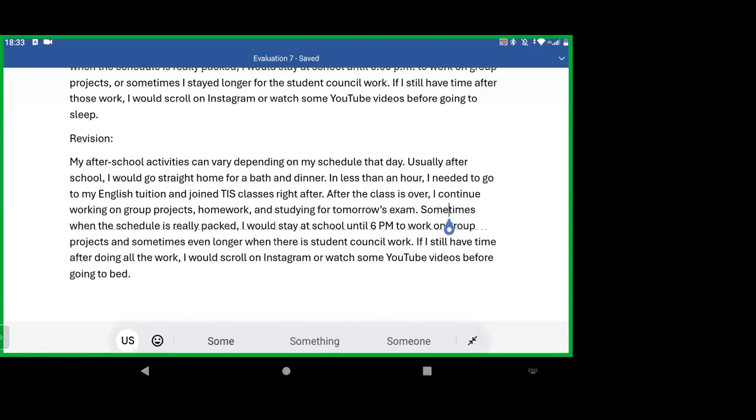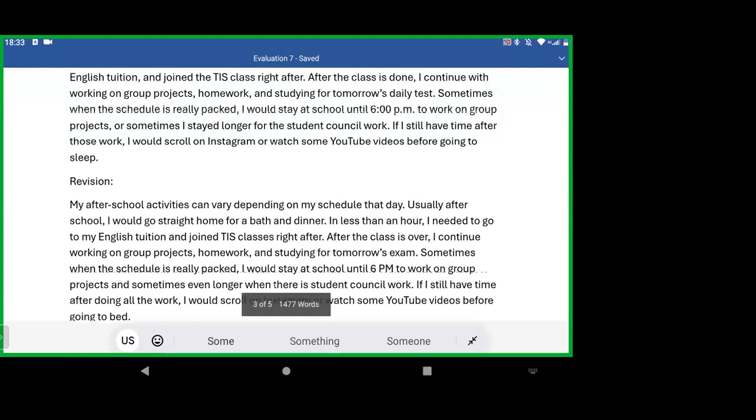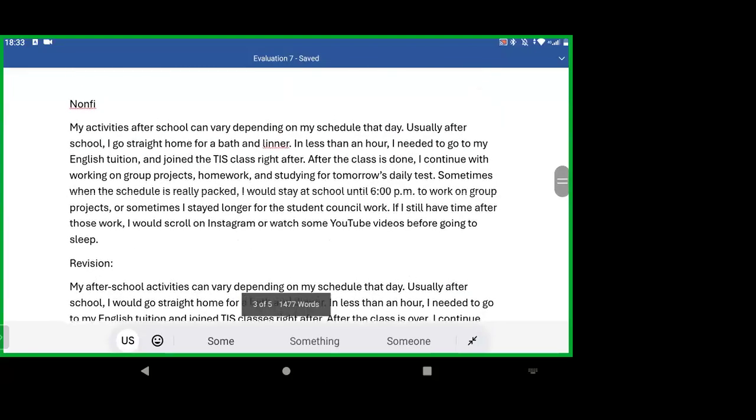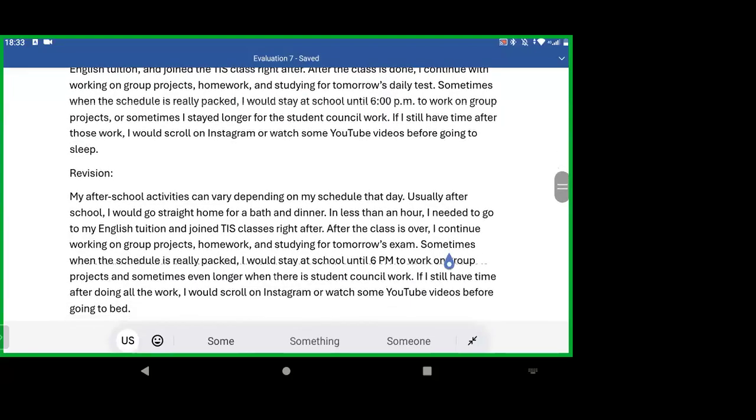So emphasizing after doing all the work. And then comma, I will scroll on Instagram or watch some YouTube videos before going to bed. So instead of going to sleep, I'm changing that to before going to bed. Which is a common phrase again, but going to sleep is not wrong either. It's just the way you say that.